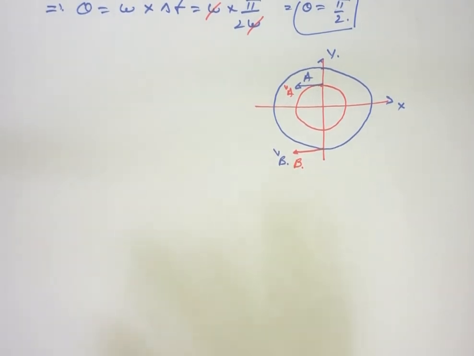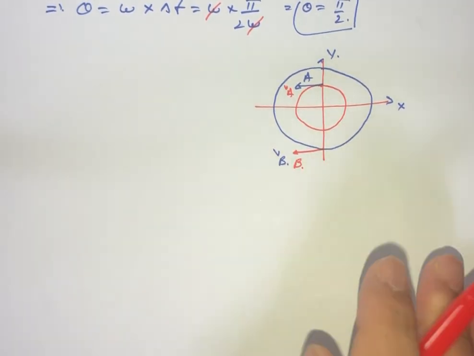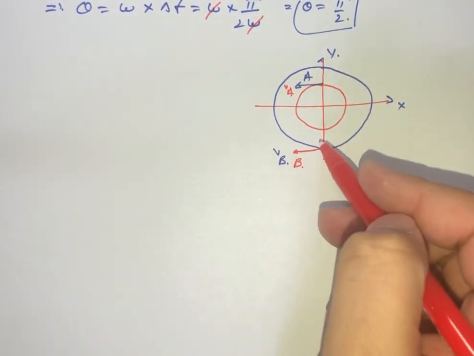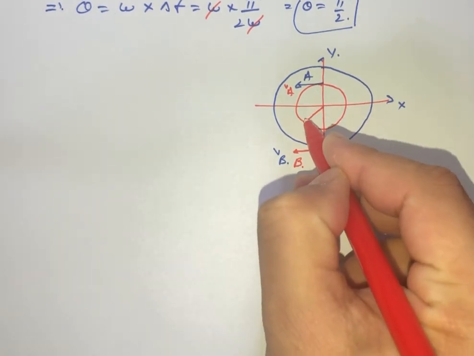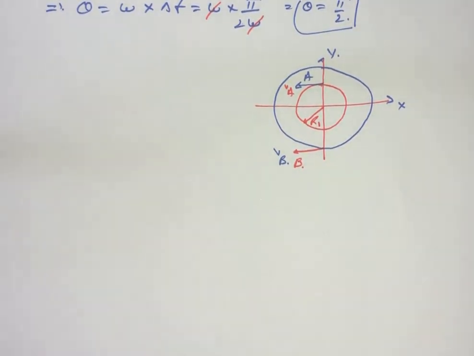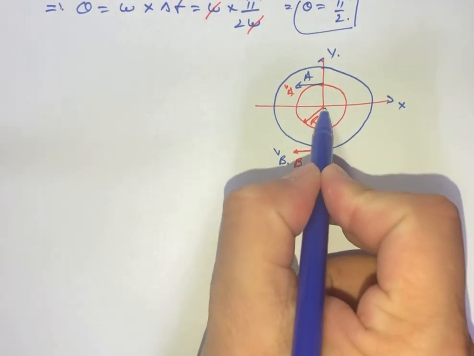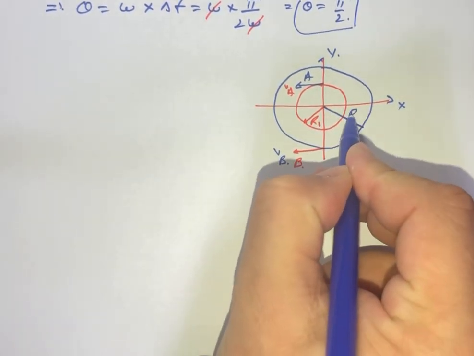So now we can use the relationship between their angular and linear velocity, and the inner radius is given as R1 and the outer one is given as R2.